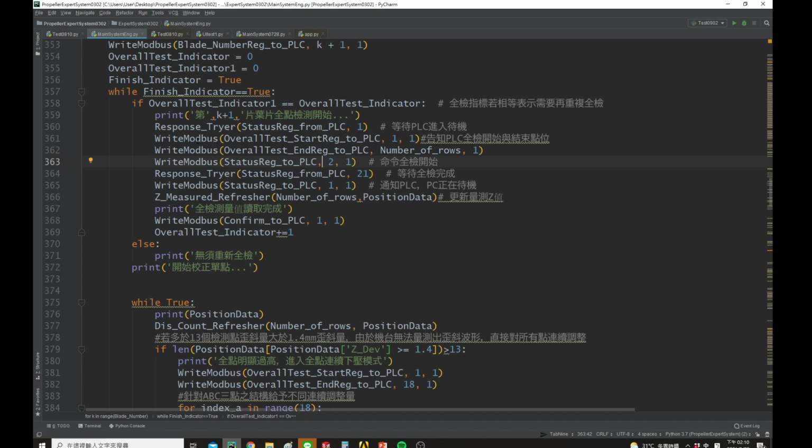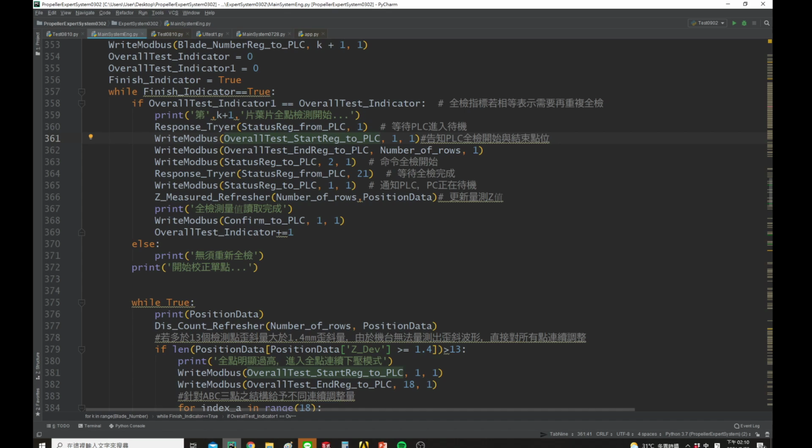Here you can see that the registers I write into are the overall test start register to PLC and the overall test ending register to PLC. These two registers mean the starting point and the end point of a motion on the blade.